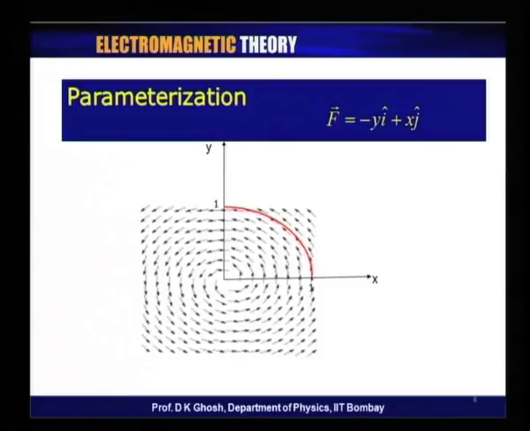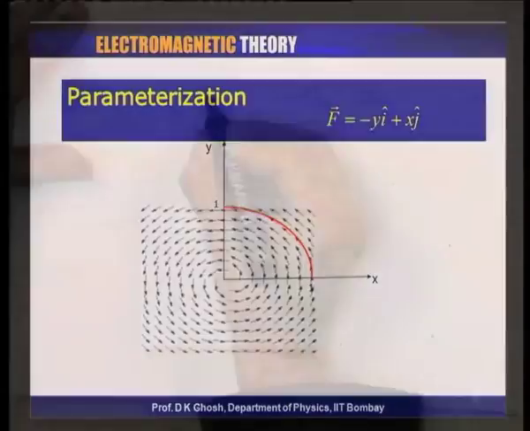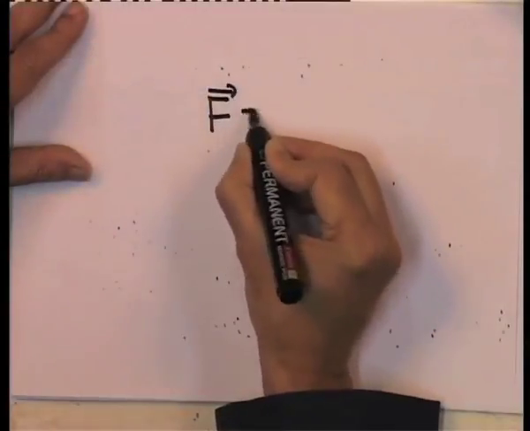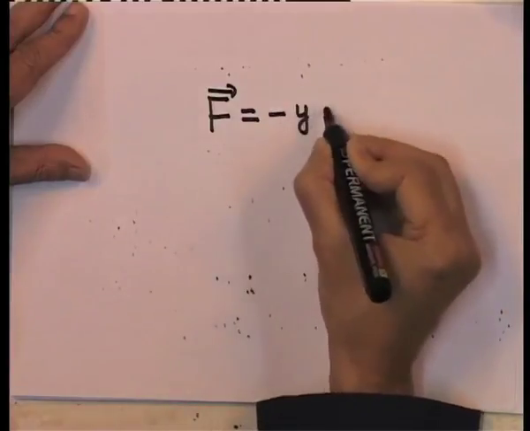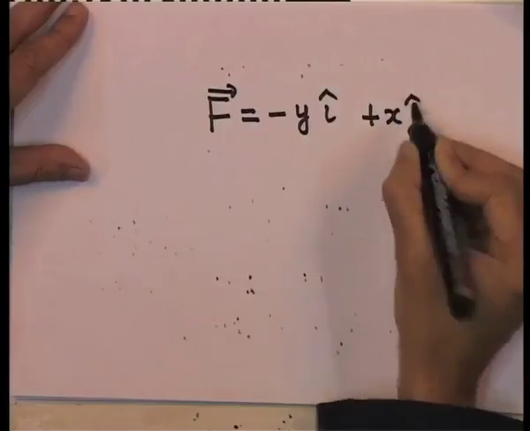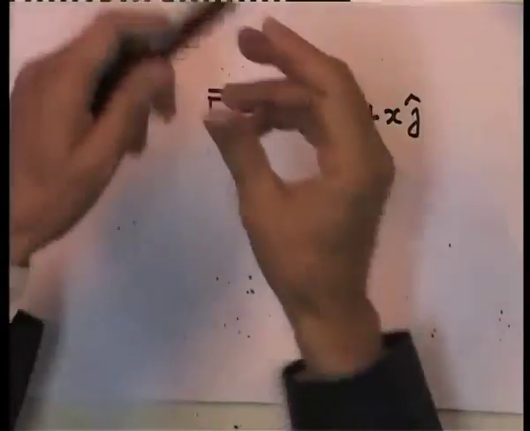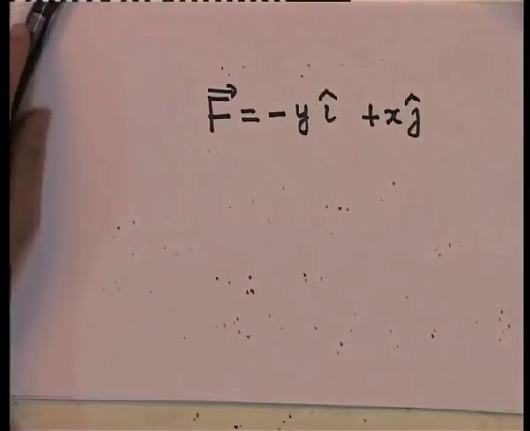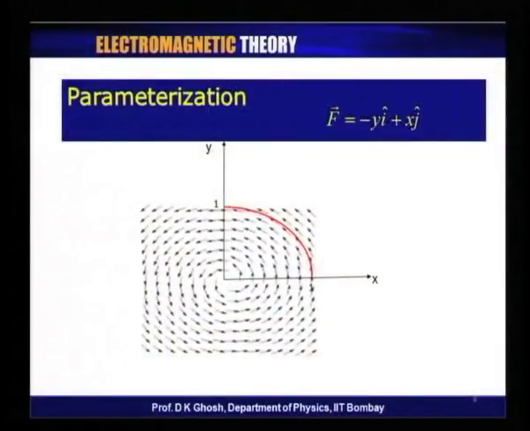Now, this vector field is f is equal to minus y i plus x j. Remember, last time we gave a prescription for drawing the vector field, sketching the vector fields. So, you could see this vector field.